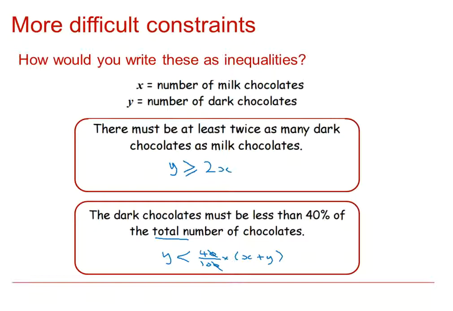Y, the number of dark chocolates, is less than 40% of, and this bracket is the total number of chocolates, X plus Y.